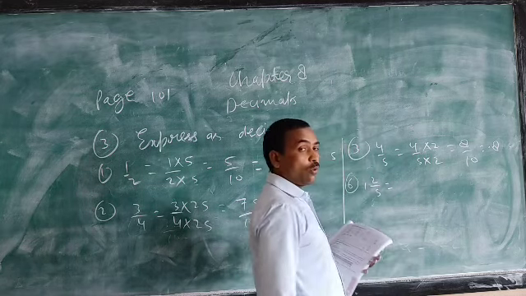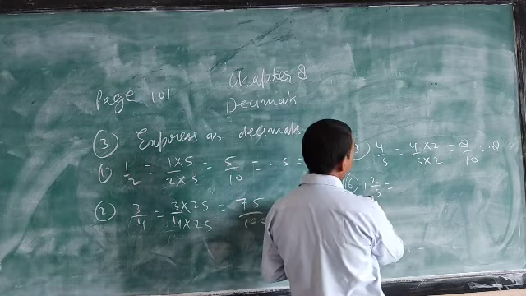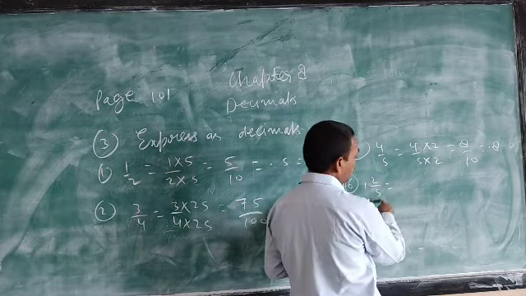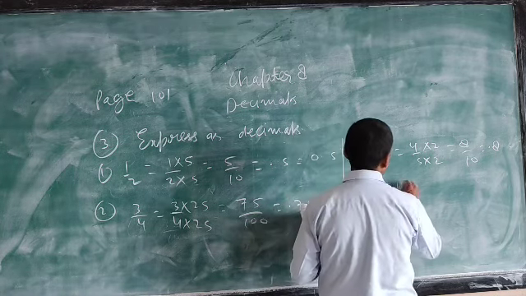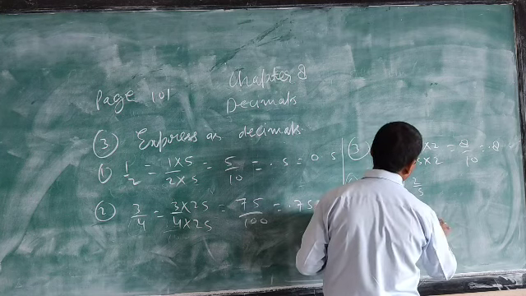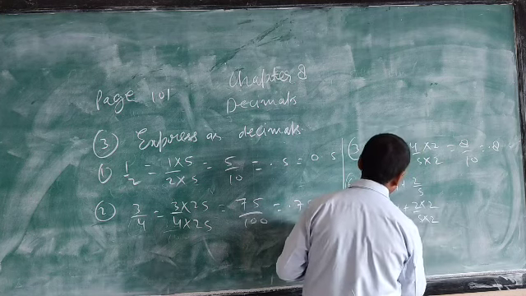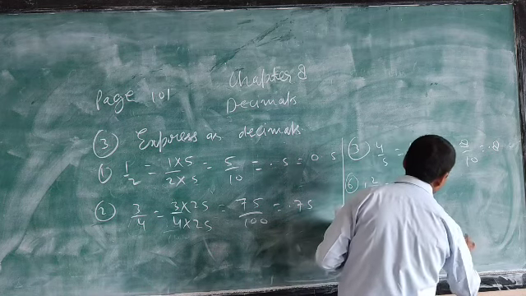So the whole number part is 1. How to convert this into decimal? The decimal part 2 by 5 is converted into decimal. This is 1 plus 2 by 5, multiplied by 2 on top and bottom. This can be 1 plus 4 by 10. That is 1.4.